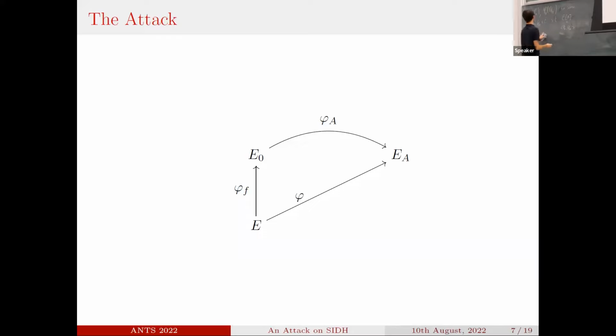So to evaluate phi A at PA, we do it using the endomorphism. We evaluate the endomorphism, which is something that we can actually compute, on this pair of points.